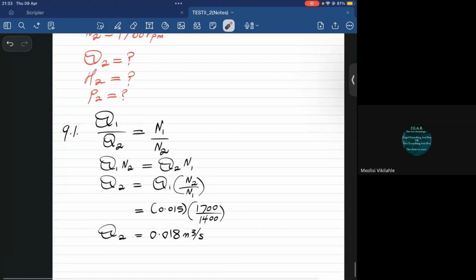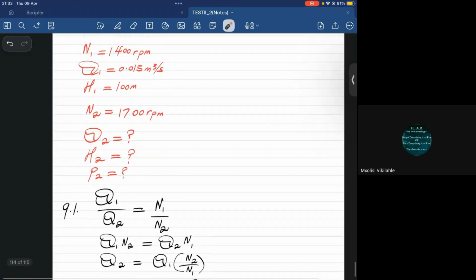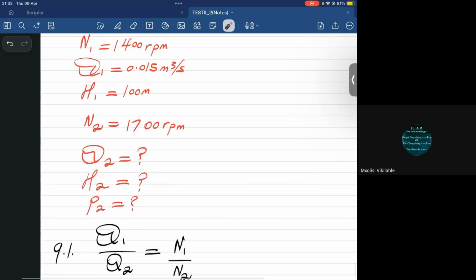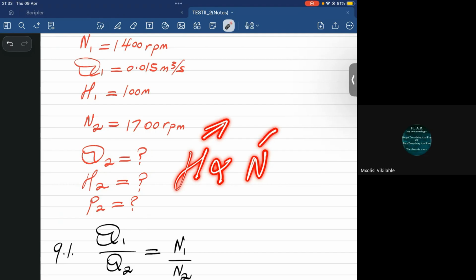And then from here, they want us to find the new pump head. If the speed increases, the head is again directly proportional to the impeller speed. If you increase the speed, the head will also increase, because they're directly proportional to each other.